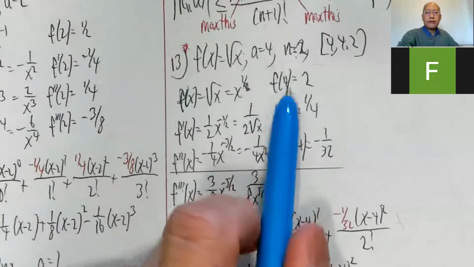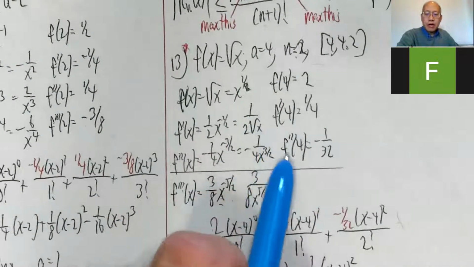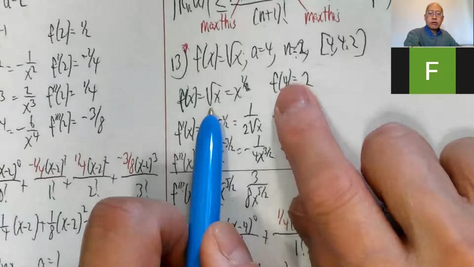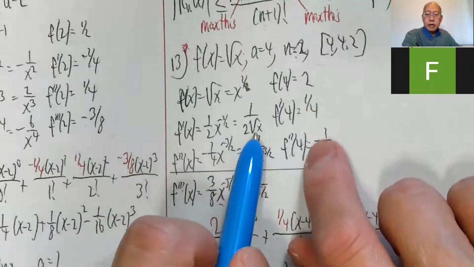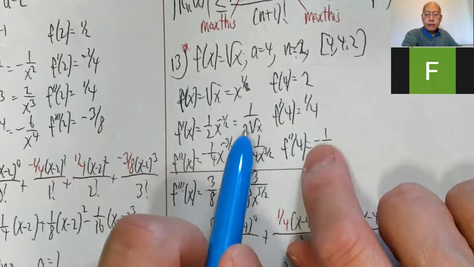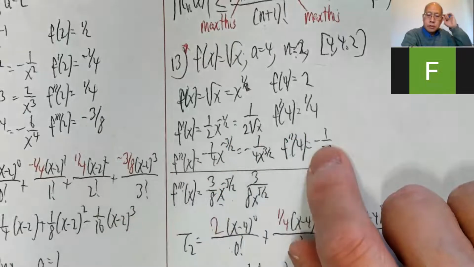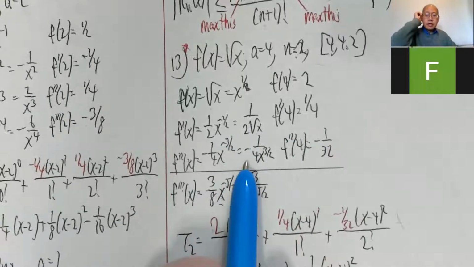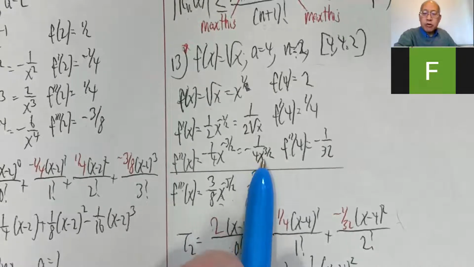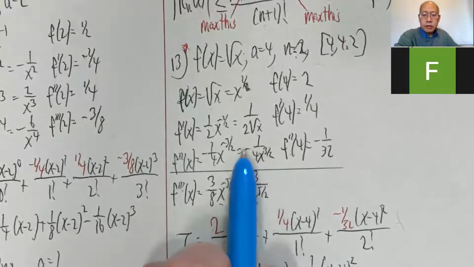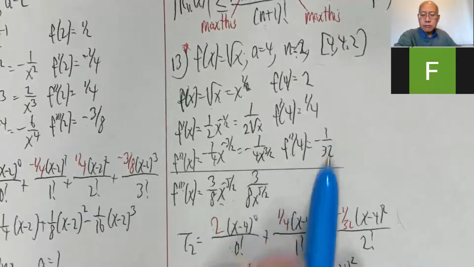Okay, so I plug in 4 everywhere: f of 4, f prime of 4, f double prime of 4. Square root of 4 is 2. Plug in 4 here: 1/2 radical 4 is 1/4. Here, plug in 4. 4 to the 3/2 power means the square root of 4, which is 2, cubed is 8. 4 times 8 is 32, so negative 1/32.